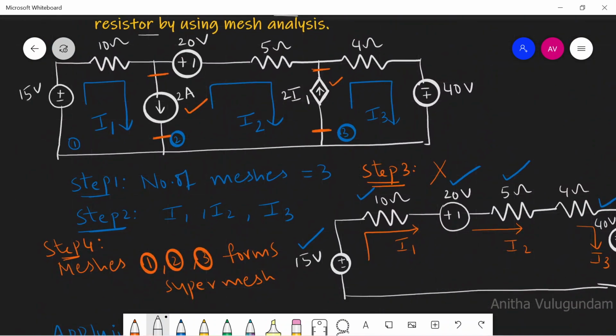Let us write the net current in this 2 ampere source. I1 current is flowing like this and I2 is flowing in the reverse direction.